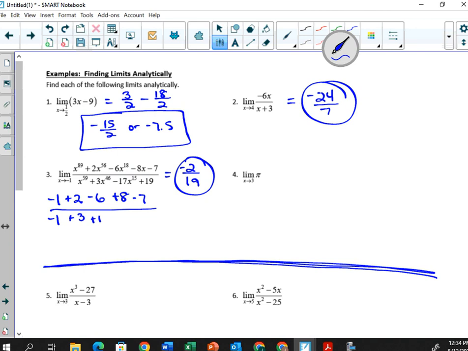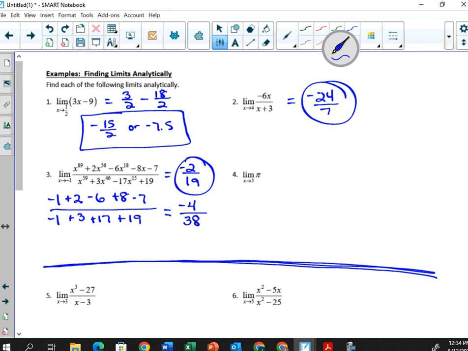That would turn into plus 17 plus 19. Numerator, plus 2 is 10 minus 14, so negative 4. Denominator looks like 20, 39 minus 1 is 38. So when you reduce, that is negative 2/19.